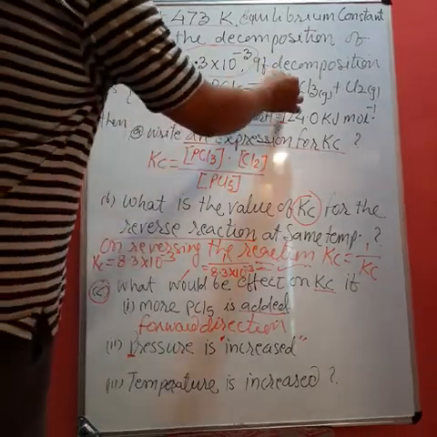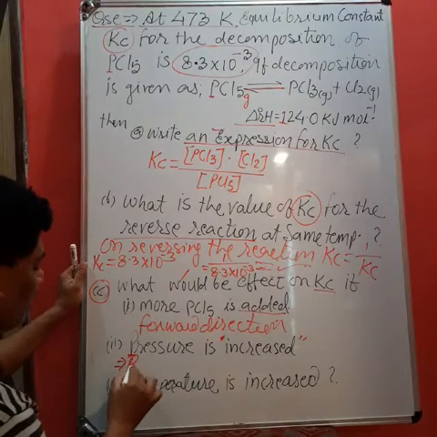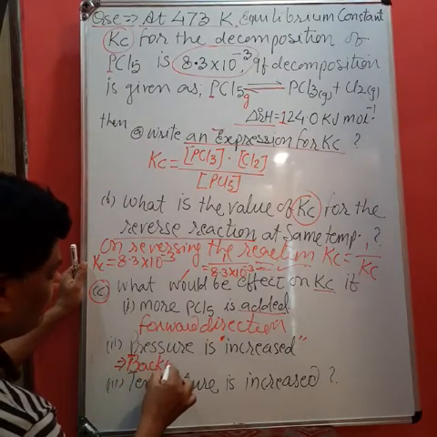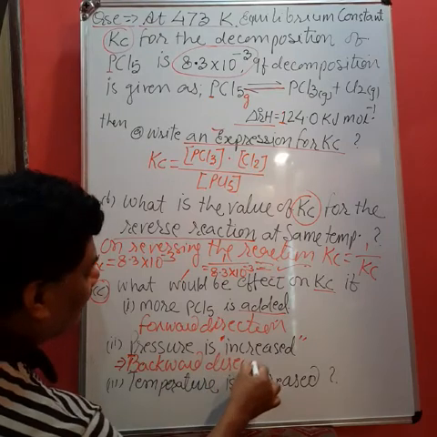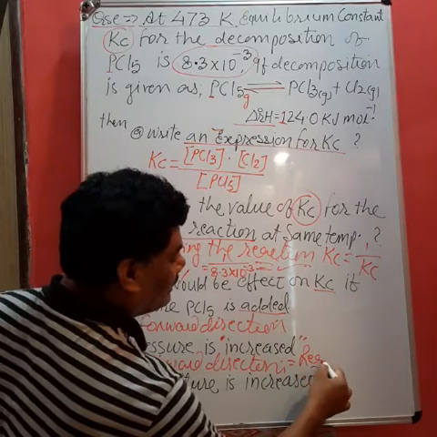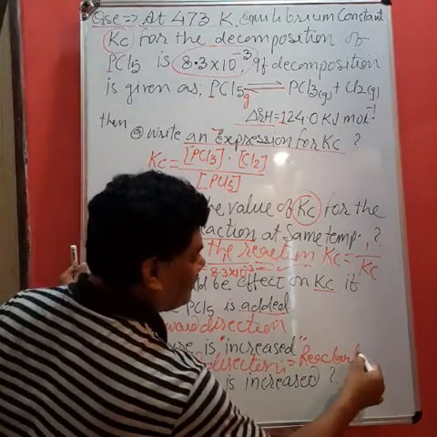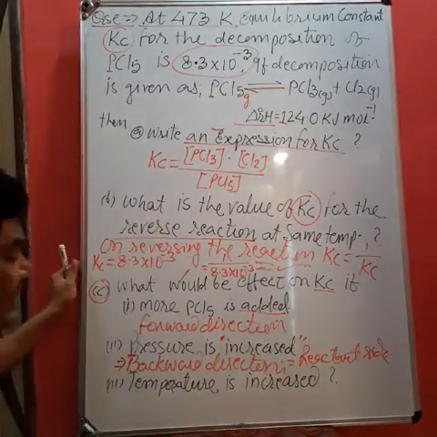That is the backward direction. Therefore your answer becomes backward direction, or you can say reactant side, because at present PCl5 is on the reactant side.